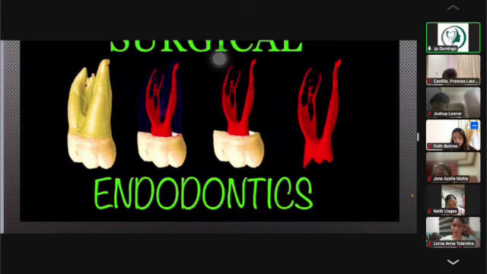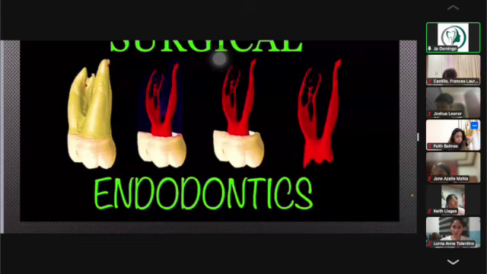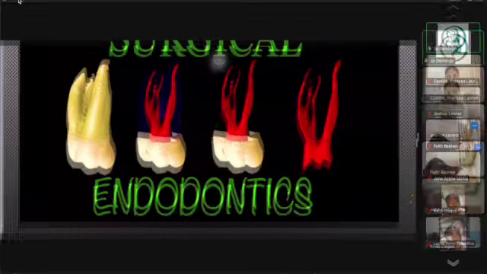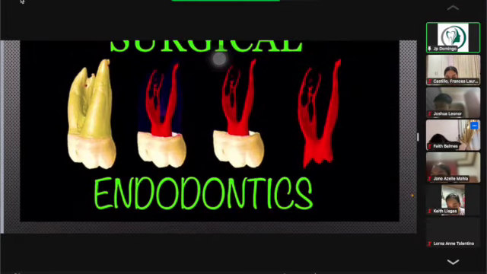So our scope of surgical endodontics is to achieve three-dimensional cleaning, shaping, and obturation of the apical portion of the root canal system, which is not treatable via a cavity access, but can only be accessed through a surgical flap.